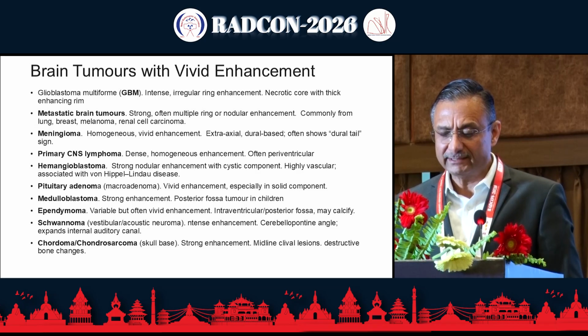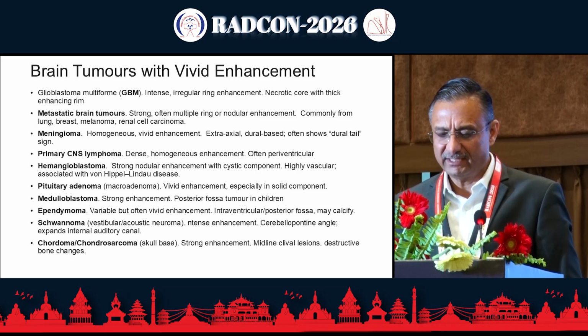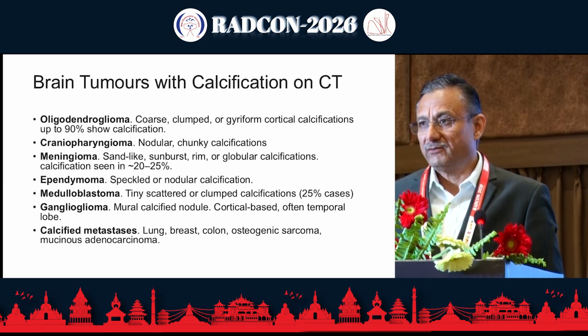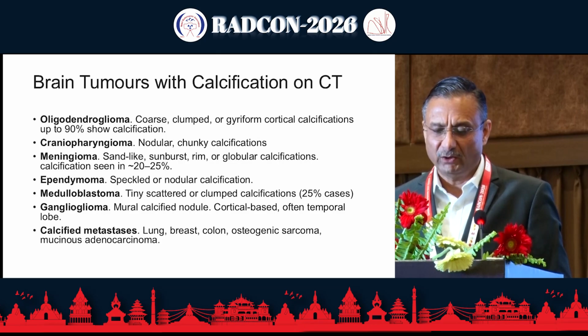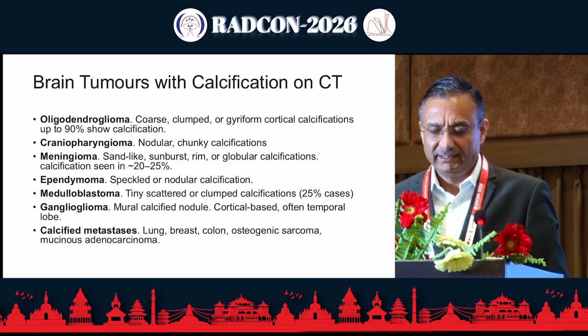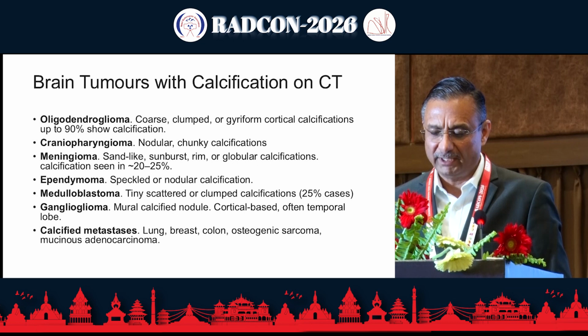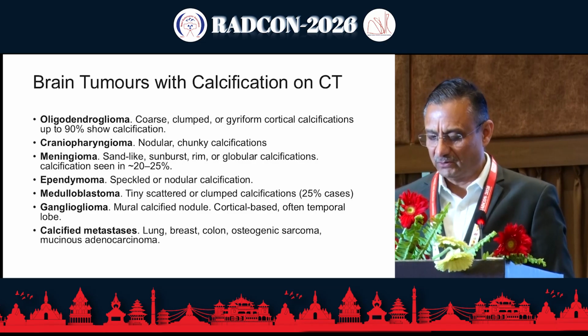Then we should know there are certain cystic metastases, especially from RCC and melanoma. Then we should know which are the tumors in which we commonly see calcification, like the oligodendroglioma, craniopharyngioma, and most important, certain metastases which can calcify, like from the osteogenic sarcoma, lung, breast, and colon, and the mucinous. Of these, remember the osteogenic and the mucinous adenocarcinoma.